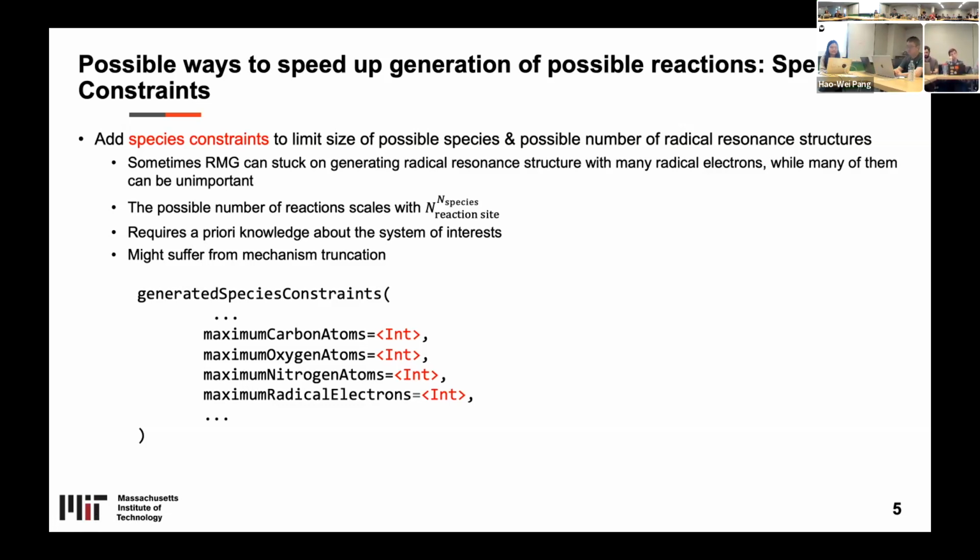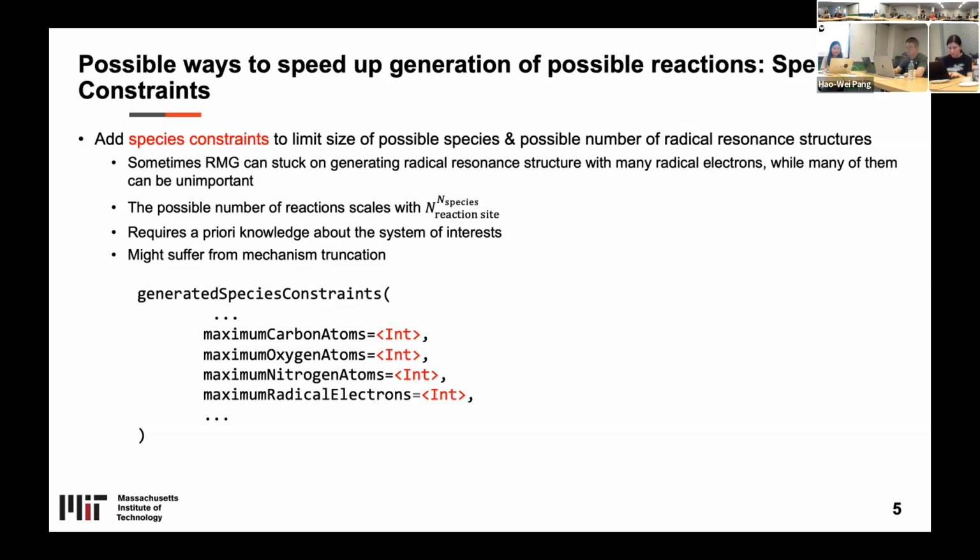The reason you can do this is that some species, especially nitrogen species or others that can have a lot of possible radical resonance structures, can make RNG spend a really long time generating all the possible ones. I have sometimes started an RNG run and it took like 20 minutes trying to figure out all the possible combinations, just because some species have a ton of them. Using this flag, you can limit that number.